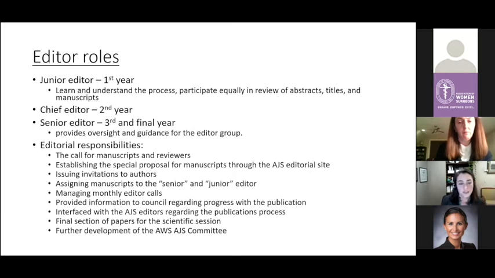And this is sort of a laundry list of the responsibilities, but it's just important to note that there's actually a ton of work that goes into producing this volume. And we take a lot of time and effort to very carefully review everything that's submitted. So appreciate all the submissions, but also know that we've got a lot that we're looking at and hopeful to help use that to grow our membership as much as possible.